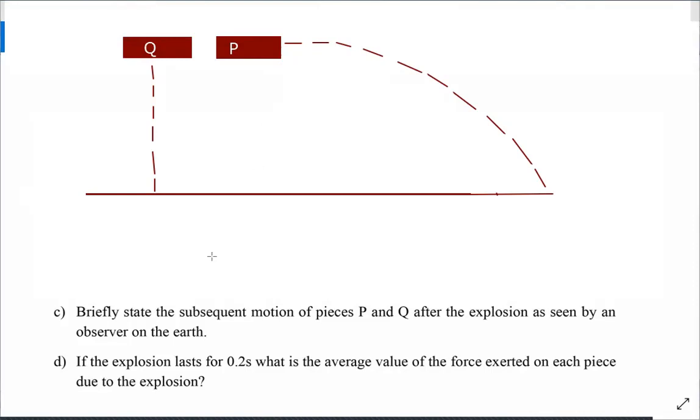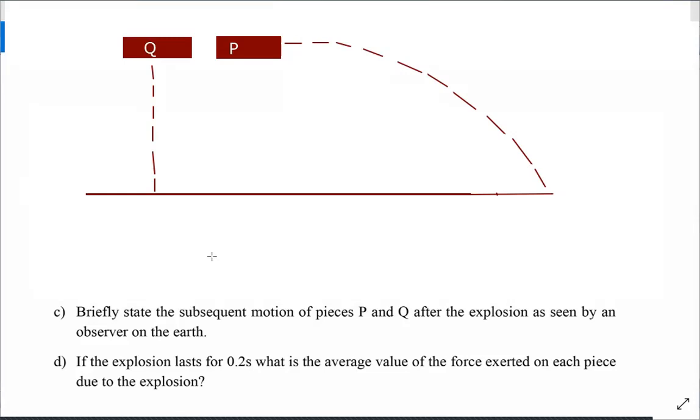Listen carefully. Q falls freely under the gravity along a vertical straight line path.